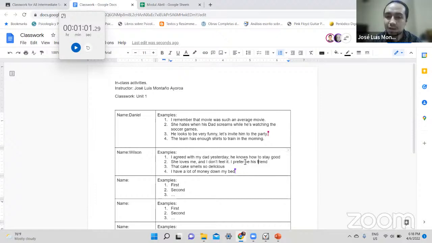So it's going to be, again, to be, or the other option is being. And not because it's continuous. Not because it's continuous. It's only the conjugation. That's called direct, that one over there, then that cake smells delicious. Smells so delicious. And I have a lot of money. This is possession. I think then it's working good.